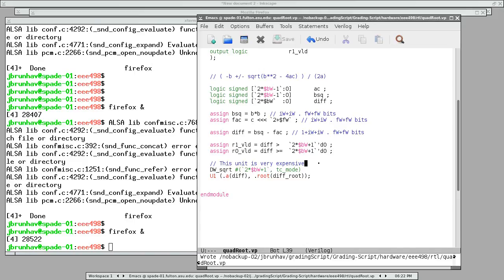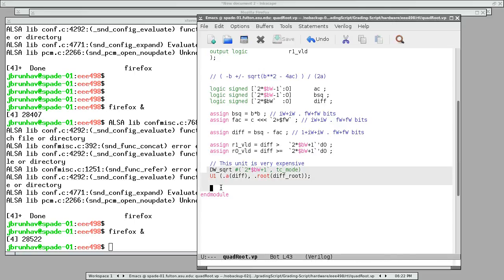The thing to think of is that it's maybe an order more expensive than doing a multiplication. And so these are things that you should be very careful of implementing. There are a few ways that we can mitigate the cost of these units, so let's work through a few of them.